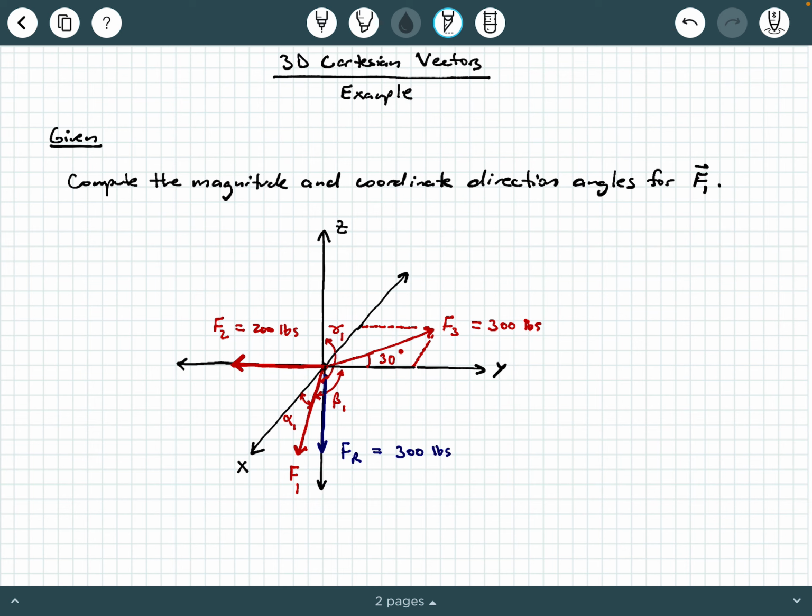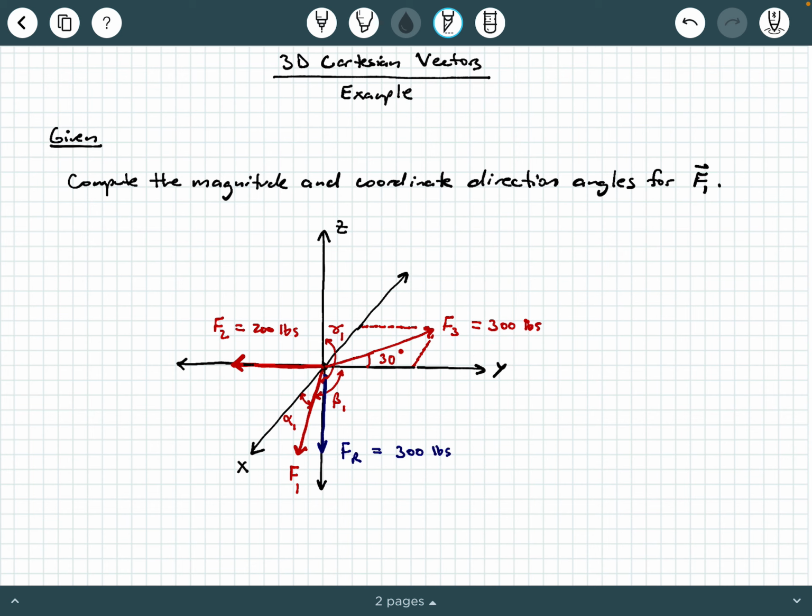But what we do know is some information about F2, F3, and the resultant force. So F2 has a magnitude of 200 pounds, and it's completely lying along the negative y-axis, okay? Now, what about F3? F3 is coming off in the xy plane. Notice that it does not have a z component.